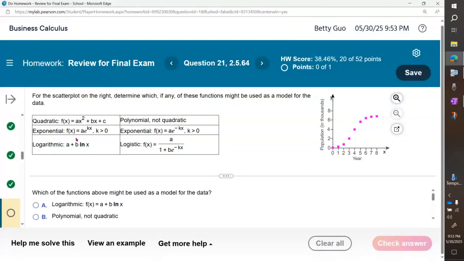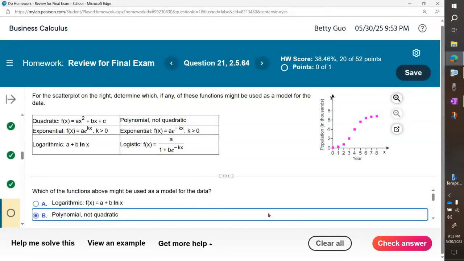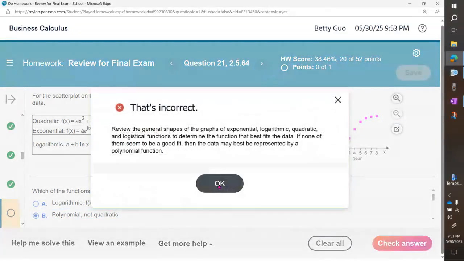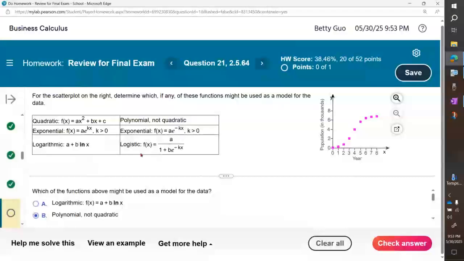Not exponential growth or decay. It does not look like a log function. To me, it looks like a polynomial function with degree 3. I'll give it a try. Oops. I think it's a logistic.